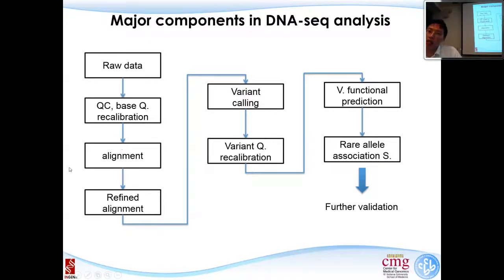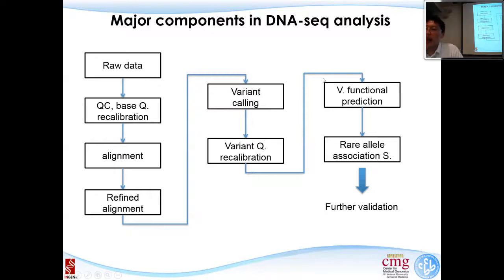And then we need to do the sequence alignment, aligning those reads back to the reference genome. And then we need to do the refined alignment. Remember those variants that are very close to small insertion deletion sites. And then we do the variant calling like we discussed last time. And after that, it will be the variant calling recalibration. So those are the ones that we have discussed.